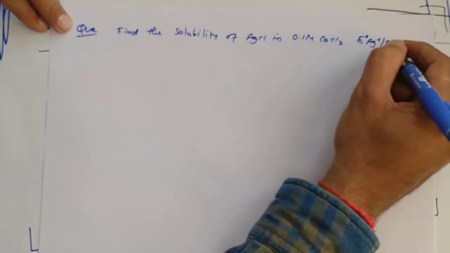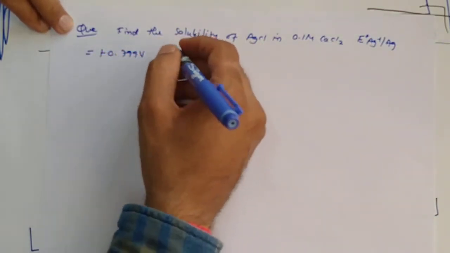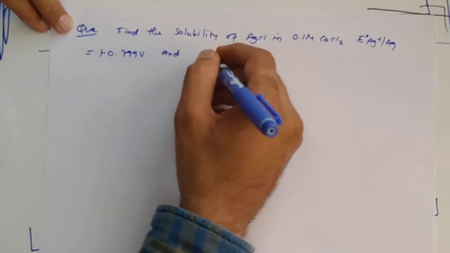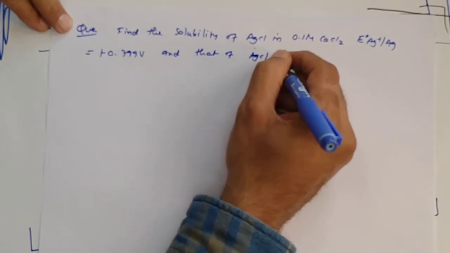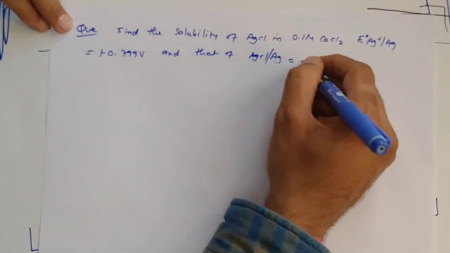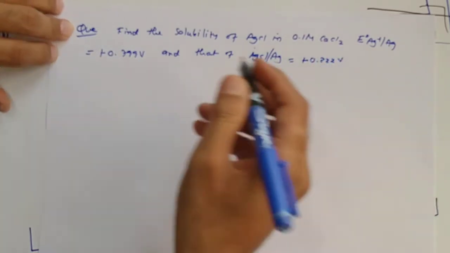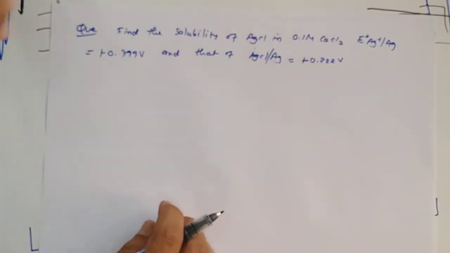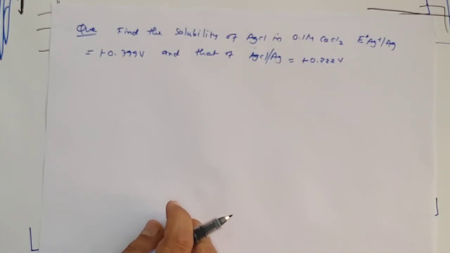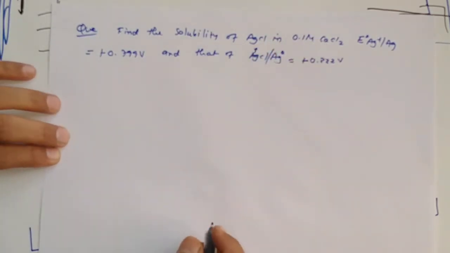E degree Ag plus/Ag is plus 0.799 volt and that of AgCl/Ag is plus 0.222 volt. Solubility of AgCl in 0.1 molarity calcium chloride we have to derive. Reduction potential is given.